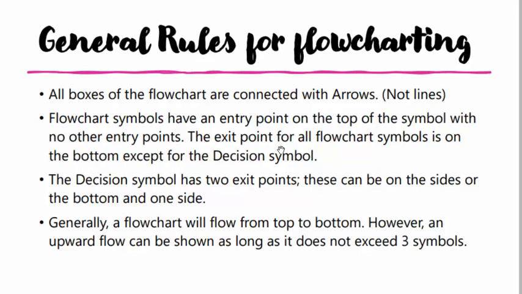And the exit point for all flowchart symbols is on the bottom, except for the decision symbol. The decision symbol has 2 exit points, and these can be on the sides or the bottom and one side. We will give some examples of that later on. Generally, a flowchart will flow from the top to the bottom. However, an upward flow can be shown as long as it does not exceed 3 symbols.